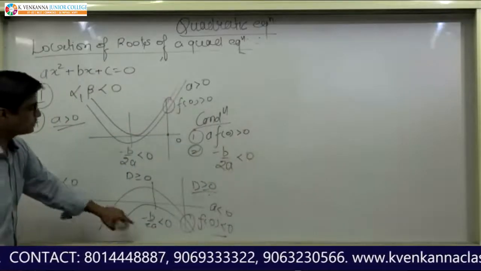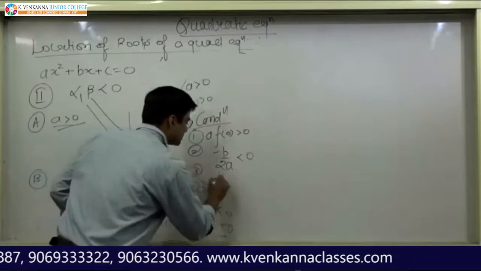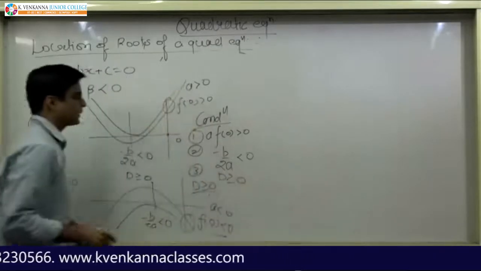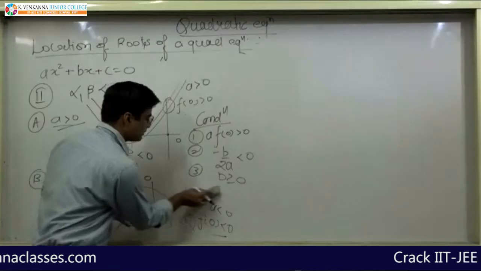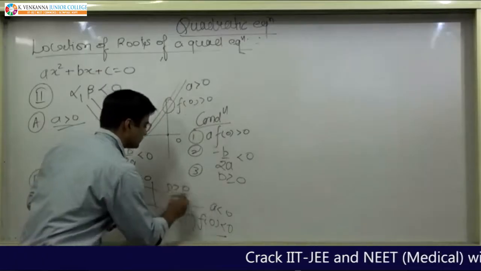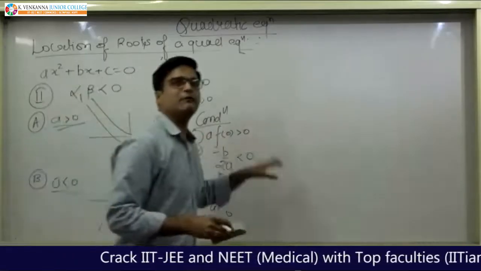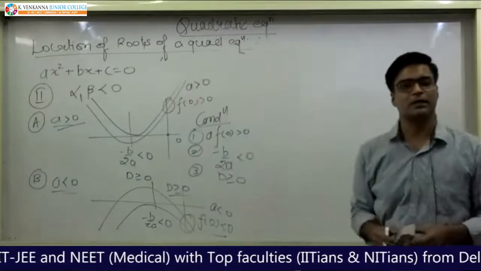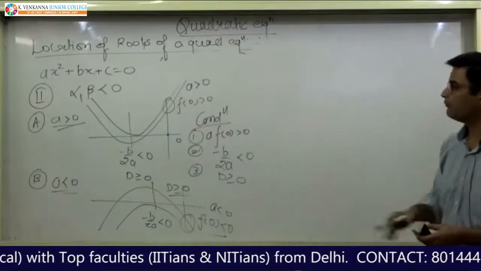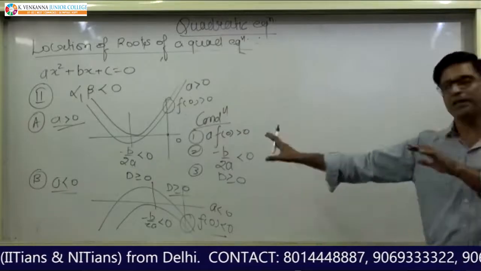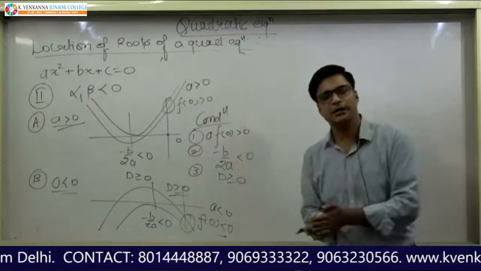It is same for both. And third, discriminant is greater than or equal to 0. We have already covered this in our last class. Why am I writing this? Because I am comparing this for our next case.